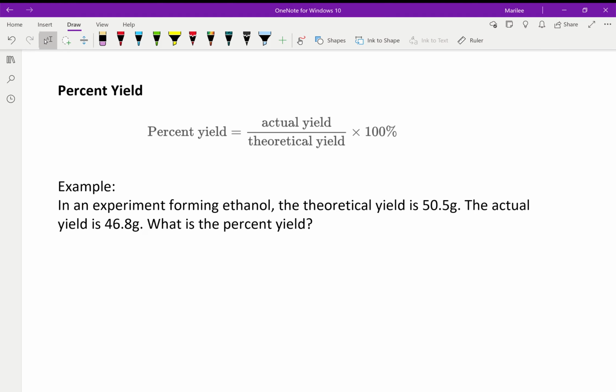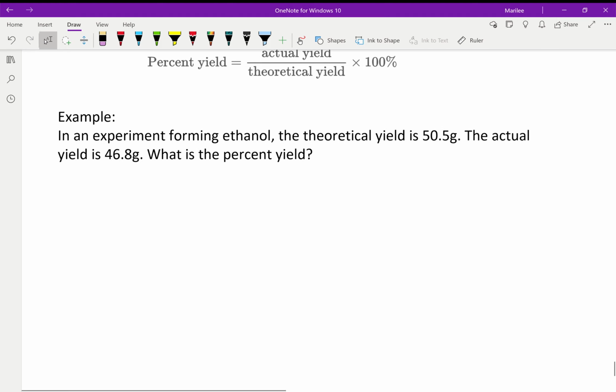So if I do this example for you, it says in an experiment forming ethanol, the theoretical yield is 50.5 grams, and the actual yield is 46.8. What is the percent yield? So how do we calculate?